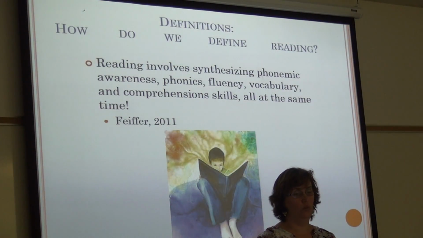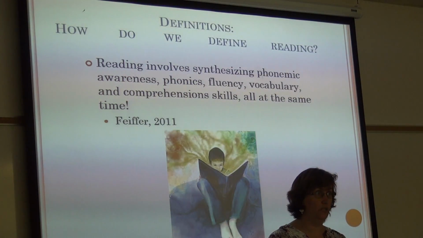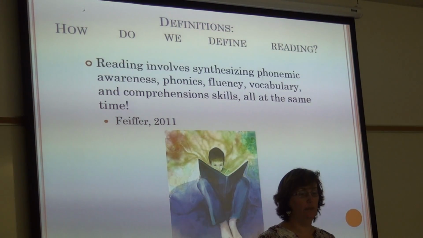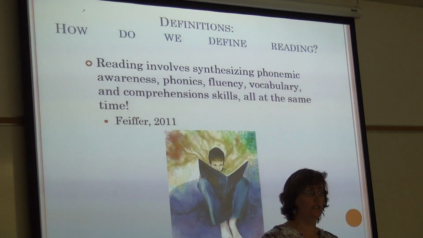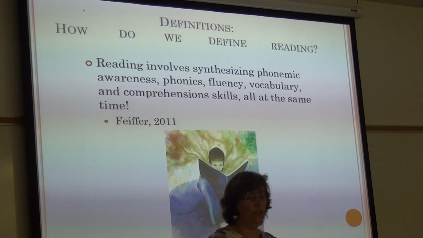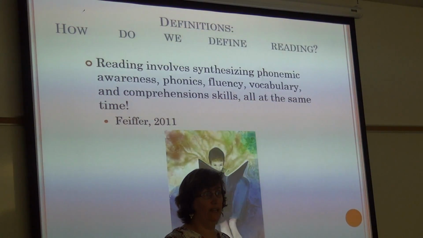For starters, this is the definition of reading that we're going to use today. Reading involves synthesizing phonemic awareness, phonics, fluency, vocabulary, and comprehension skills all at the same time. So as I said, when we read, we are really doing a lot of things with our brain at the same time.